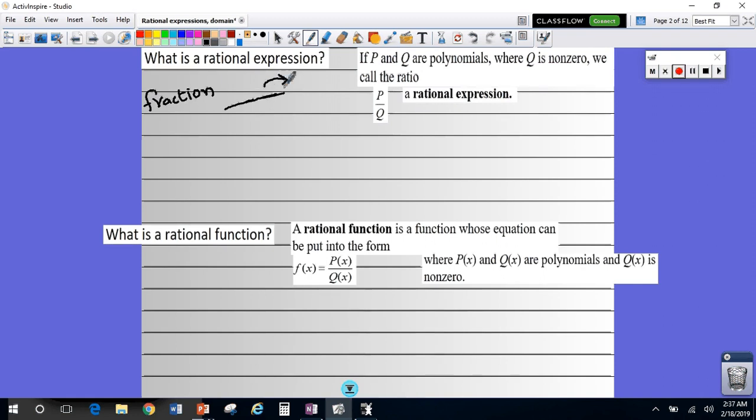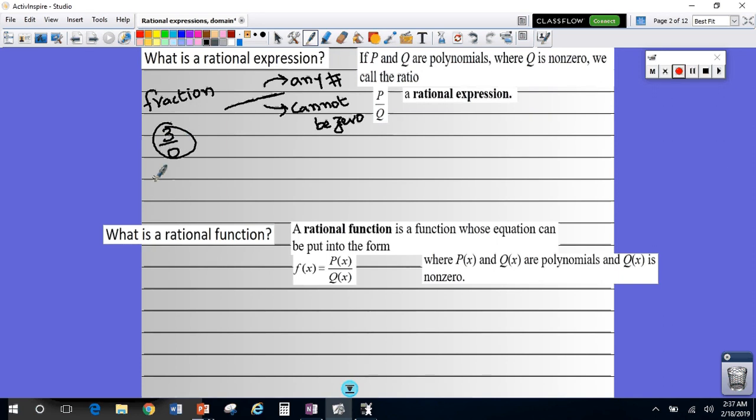So numerator can be what? Any number. But the denominator cannot be 0, right? Because something over 0 is undefined, like 3 over 0.